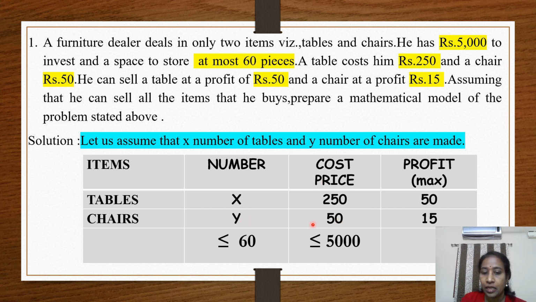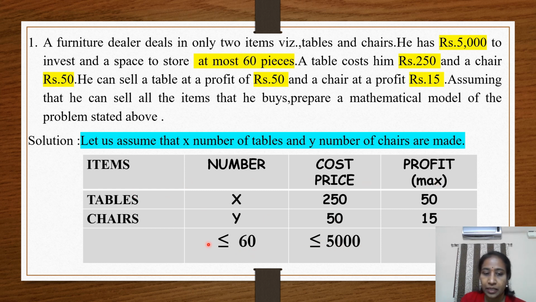So the total should not exceed 5,000 rupees because I have only 5,000 rupees. So I write less than or equal to 5,000. And the second line says he has space to store a maximum of 60 pieces only. So the total number of chairs and tables, X plus Y, should be less than or equal to 60. So that is why I write less than or equal to 60 here, and less than or equal to 5,000 here.